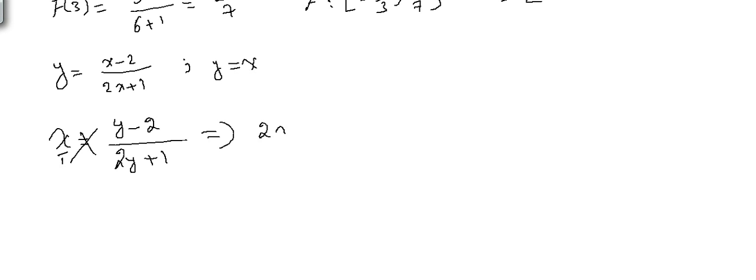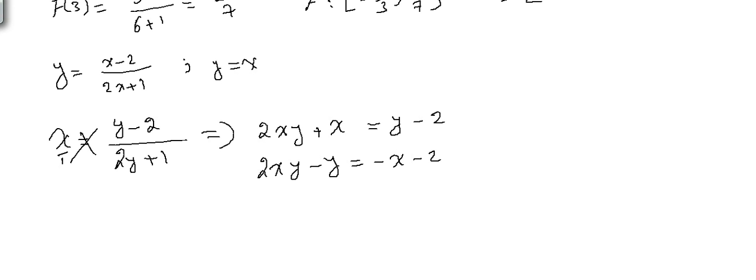So 2xy plus x equals y minus 2. We take y to the same side and x to the same side with the numbers. We can't add these two, so we factorize: y times (2x minus 1) equals minus x minus 2.